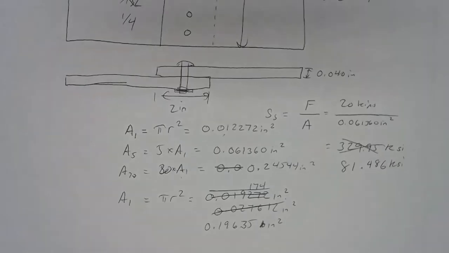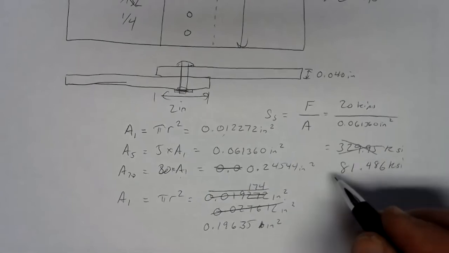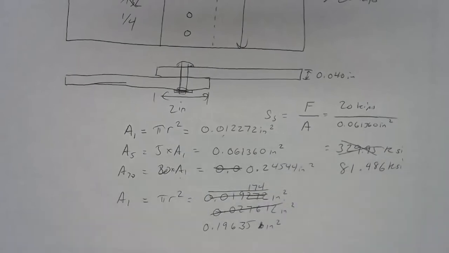Well, that's an area of 1.963. So if we're doing 20 kips of force, that's 10.2 KSI. So that'd work. We might even be able to go down to 5 rivets.